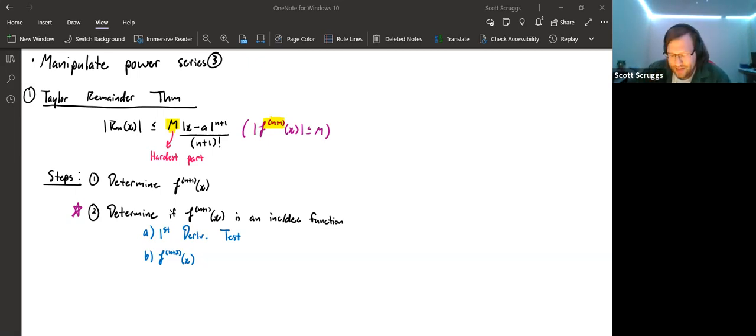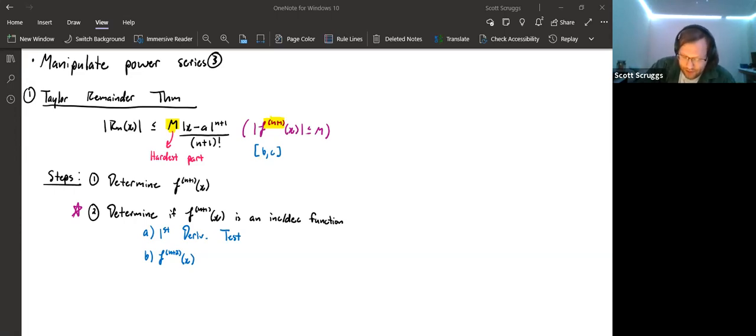And the first derivative test says if it is positive, then the original function is increasing. If it is negative, then the previous function is decreasing. Now, the reason why I want to know if this function is increasing or decreasing is because typically when you are doing a Taylor polynomial, you're doing this with your x values being in an interval that I'll call b to c.